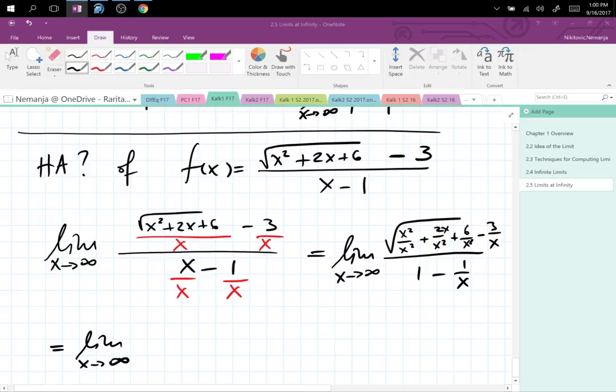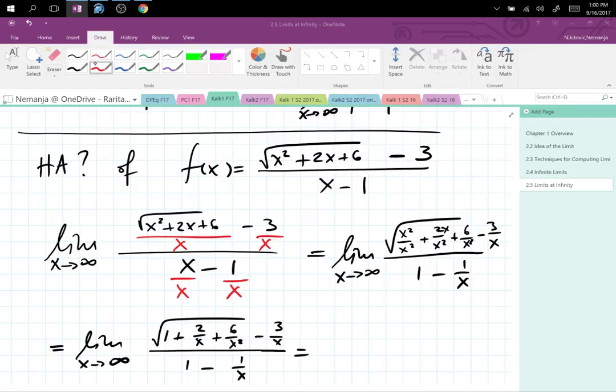We simplify everything: square root of 1 plus 2 over x plus 6 over x squared, minus 3 over x, over 1 minus 1 over x. That's 1 over 1, and we get 1. The horizontal asymptote is at 1.